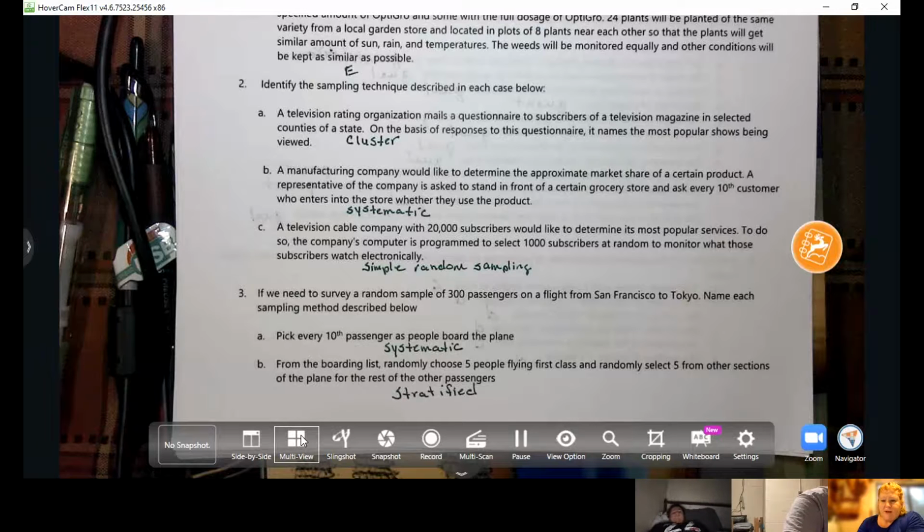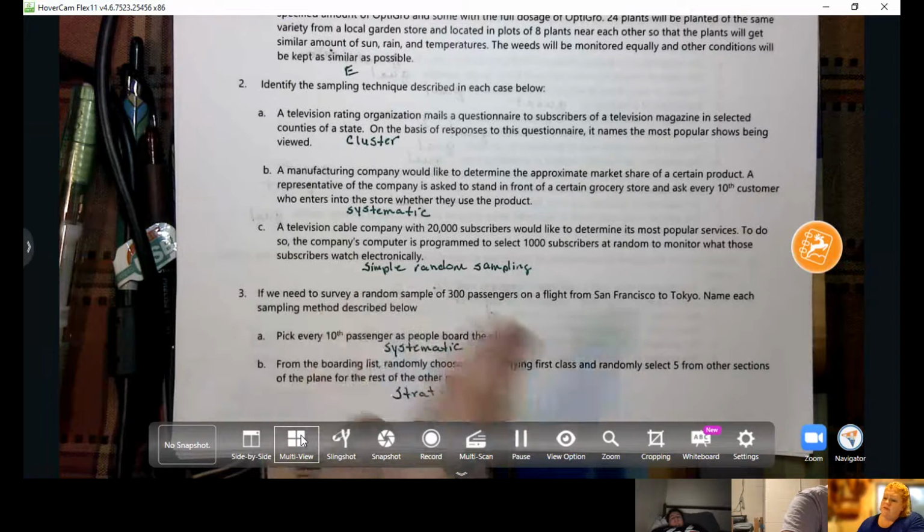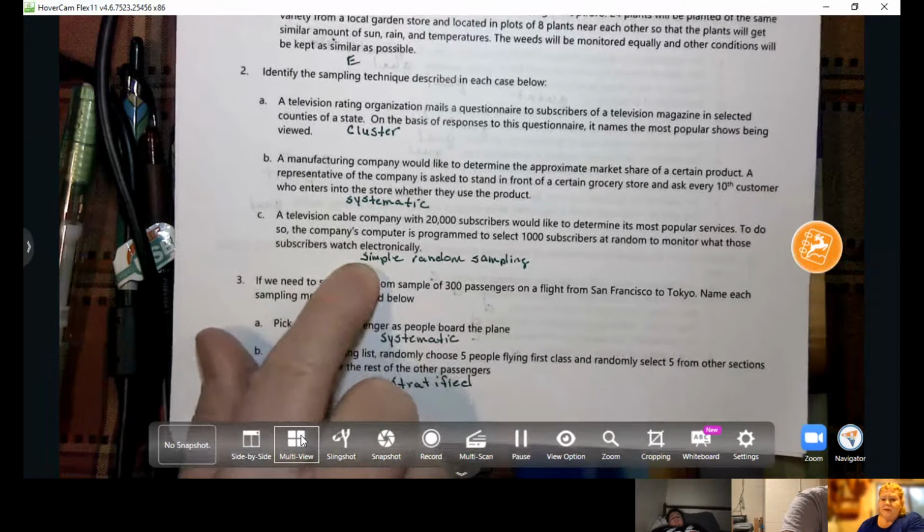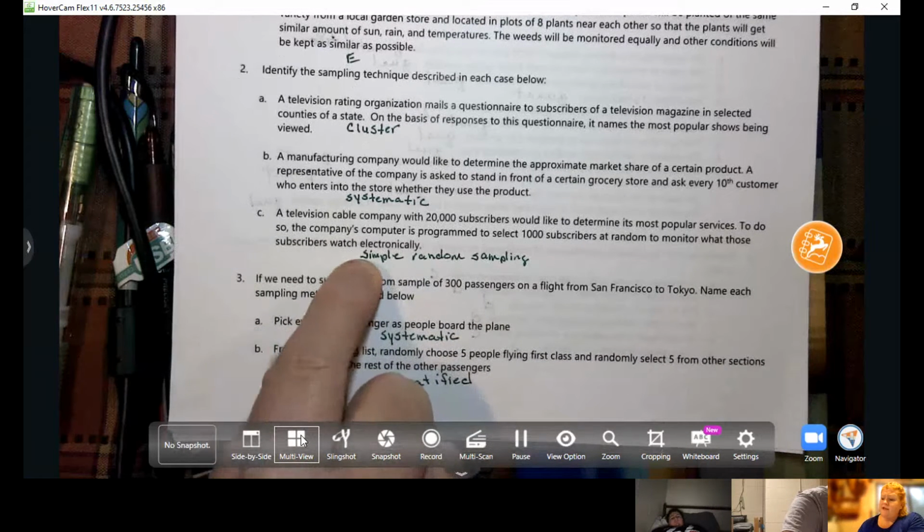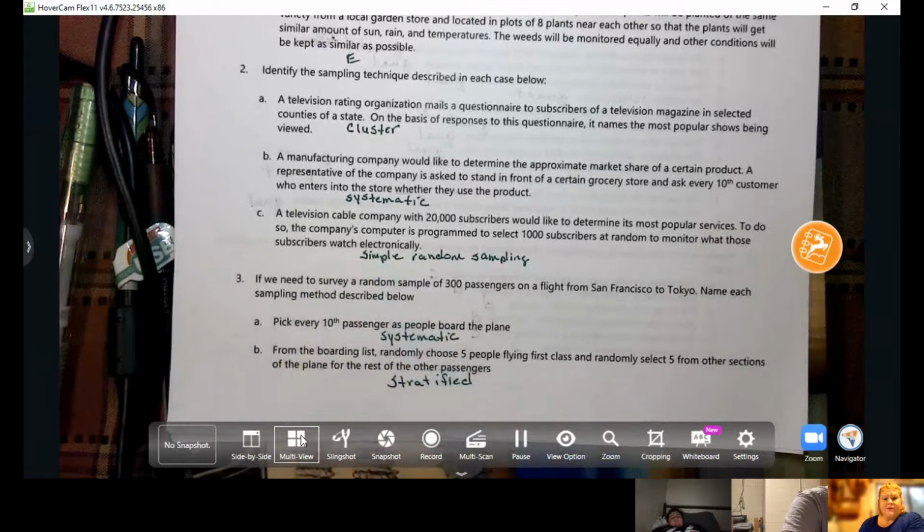The second situation is where you're surveying every 10th person that comes out of the grocery store. So that's systematic. The third situation is looking at the television company's 20,000 subscribers, and they randomly select 1,000 subscribers. That's simple random sampling.